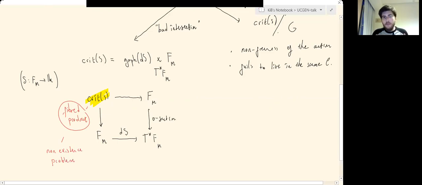Okay, so now we just translated the problem by using this language. And the question is, how can we resolve those problems? Bad intersections and bad quotients. Actually, this is why we have derived algebraic geometry. And the question is, how to avoid those problems? The answer is higher spaces, higher structures, and derived algebraic geometry.